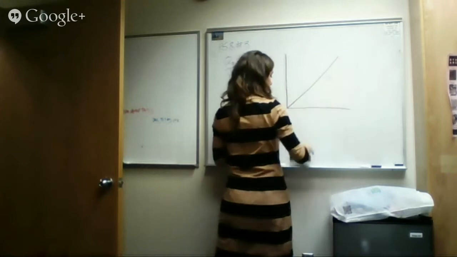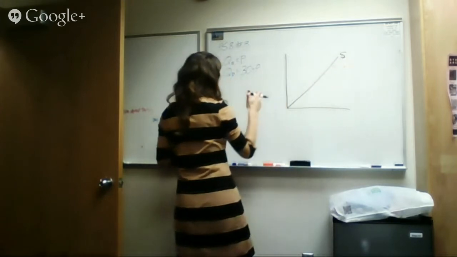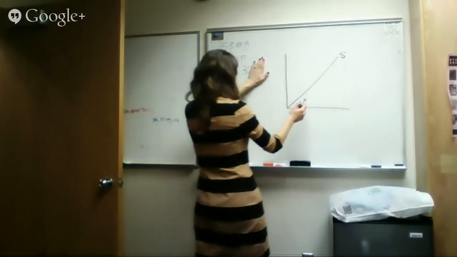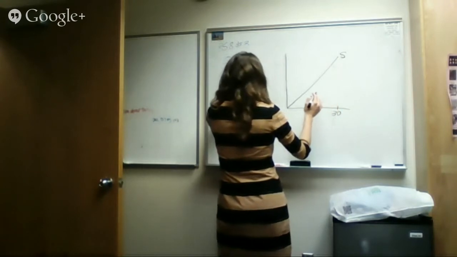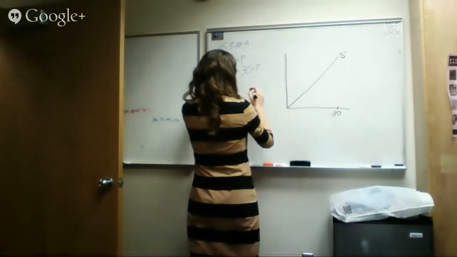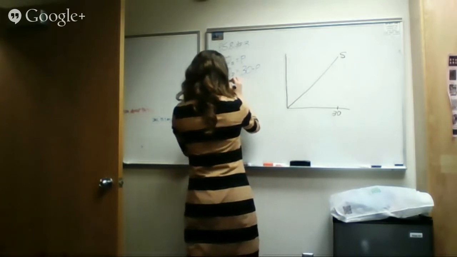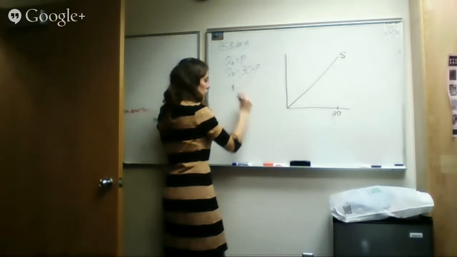And then price is 0, demand is 30. And when quantity is 0, demand is going to be also 30.